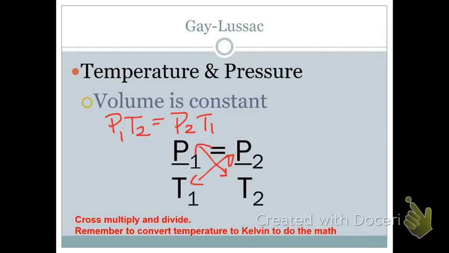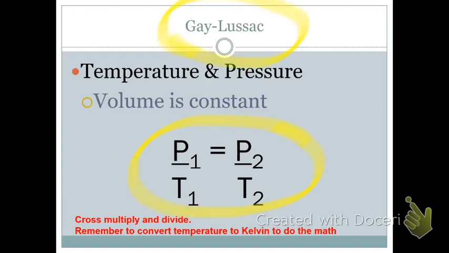The biggest thing with this, of course, is to make sure when you are calculating these problems, you remember to convert to Kelvin to do your math, okay? Your responsibility, of course, is to make sure that you know the formula for Gay-Lussac, and make sure you know that that formula goes with Gay-Lussac, and that's his formula.